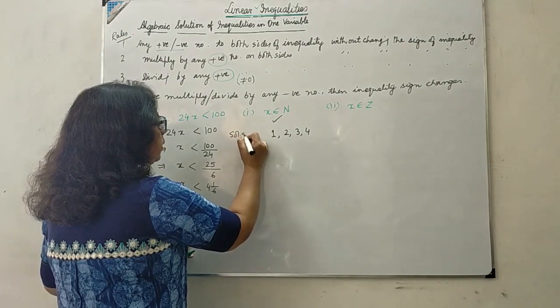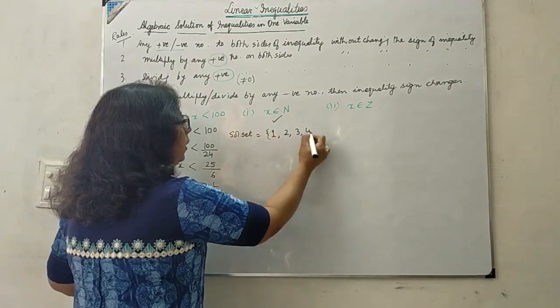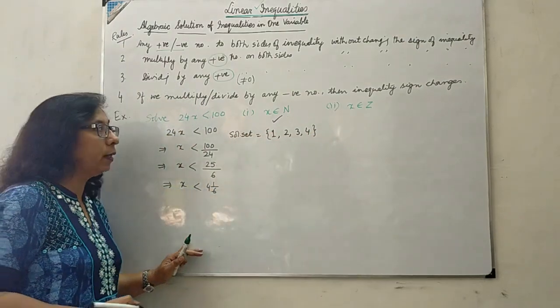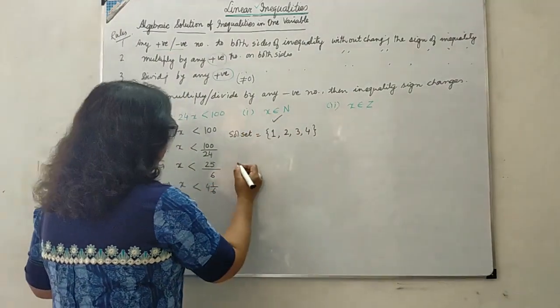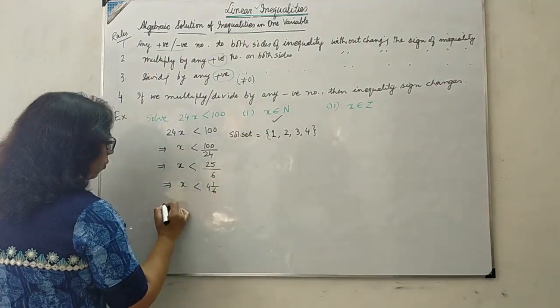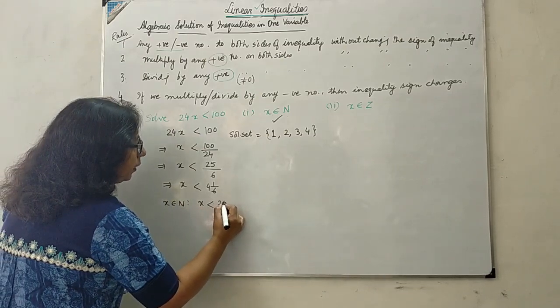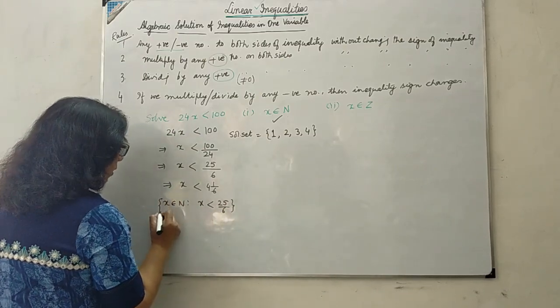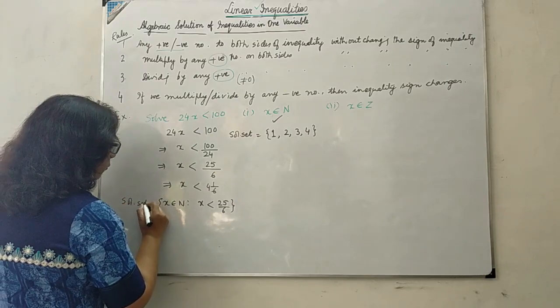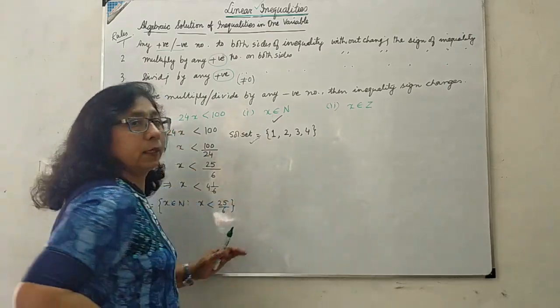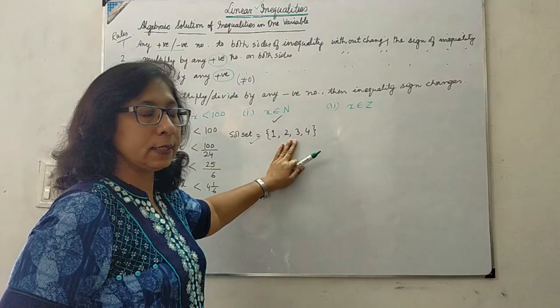The solution set will become {1, 2, 3, 4}. In set builder form, it is all those natural numbers x such that x is less than 25 by 6, which can be written in roster form as this.